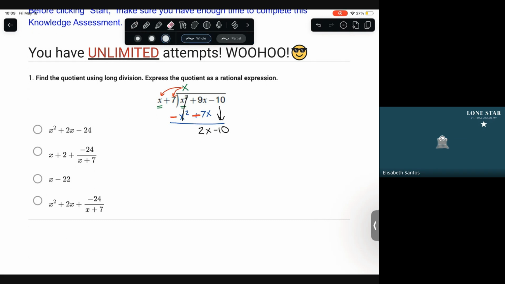Okay, so we're going to do that same process again. And we're going to ask ourselves, what do I need to multiply x by to get 2x? And the answer would be 2. And since it's 2, that's going to be plus 2. And then we're going to distribute that 2 to the x and to the 7, which we get 2x plus 14.